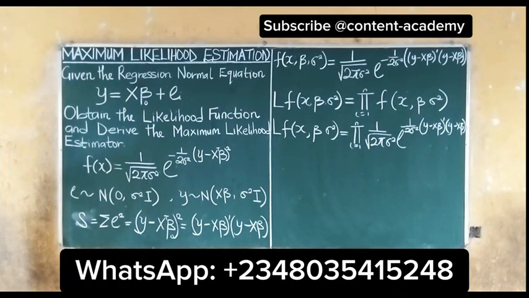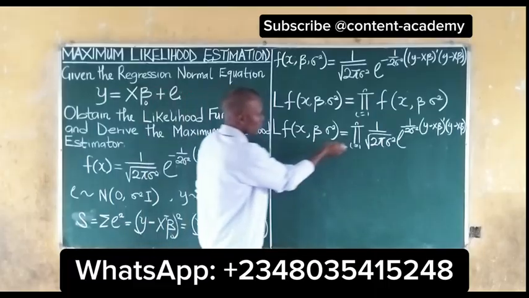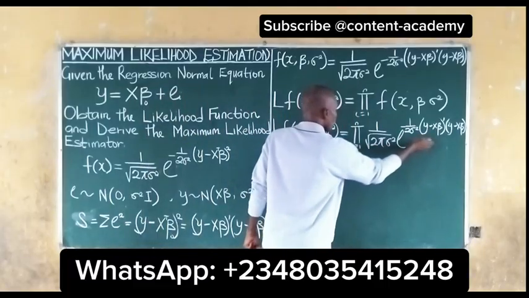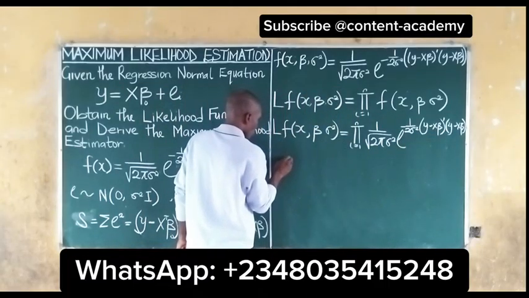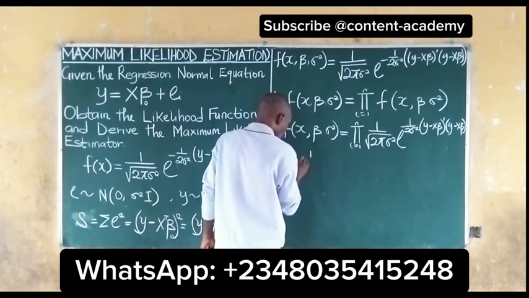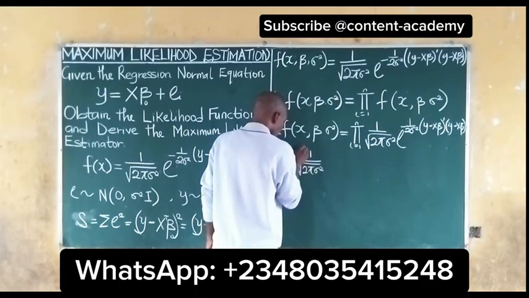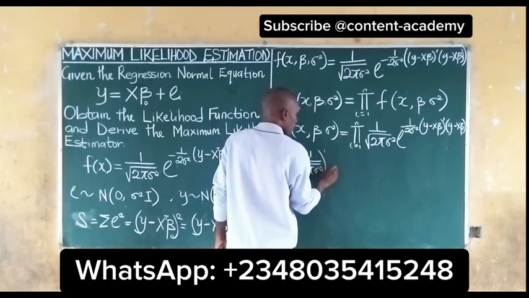Now, to find the likelihood function, we just take the product sum of this. The product sum of this is also equal to, we first have 1 all over square root of 2 pi sigma squared, the first one.